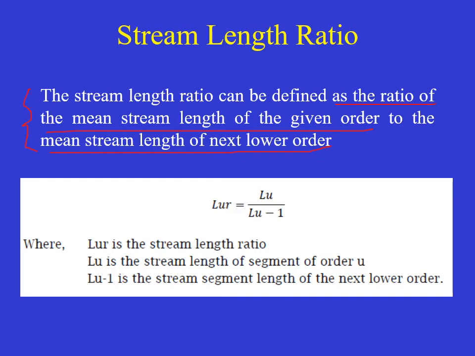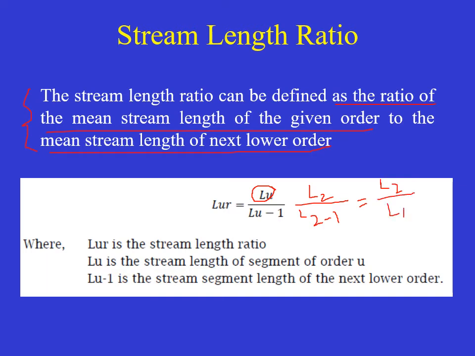The formula is LUR equals LU, the mean length of the higher order, divided by L(U minus 1), the mean length of the immediately lower order. That means if it is second order, it is L2 by L1.